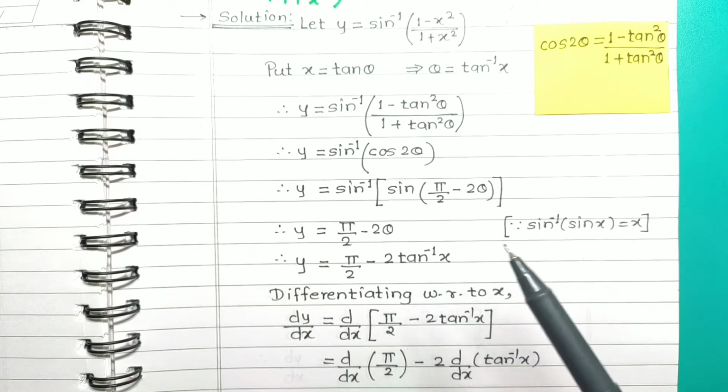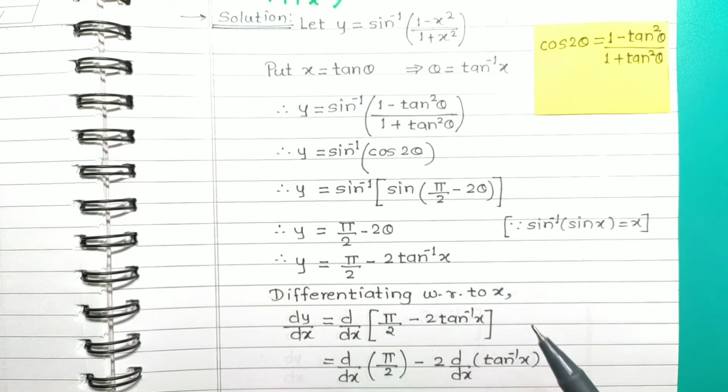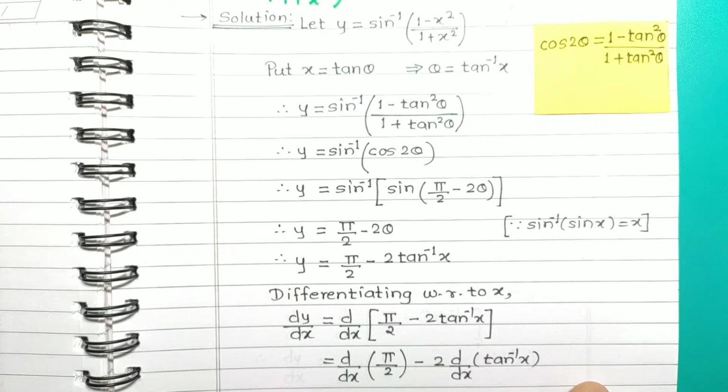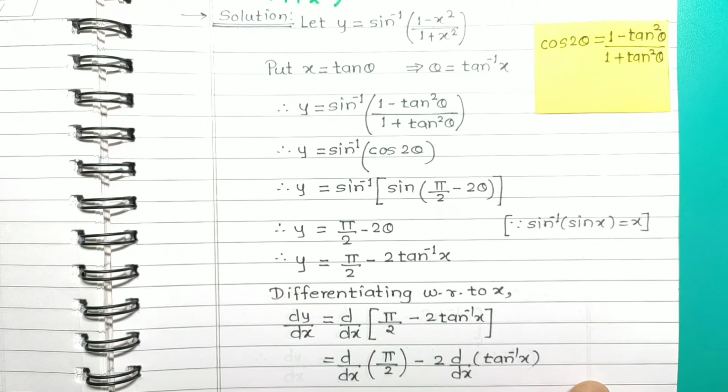So note this trick. This is the next subtype, in which we take some trigonometric substitutions. Note this solution again, and try to solve it on your own.